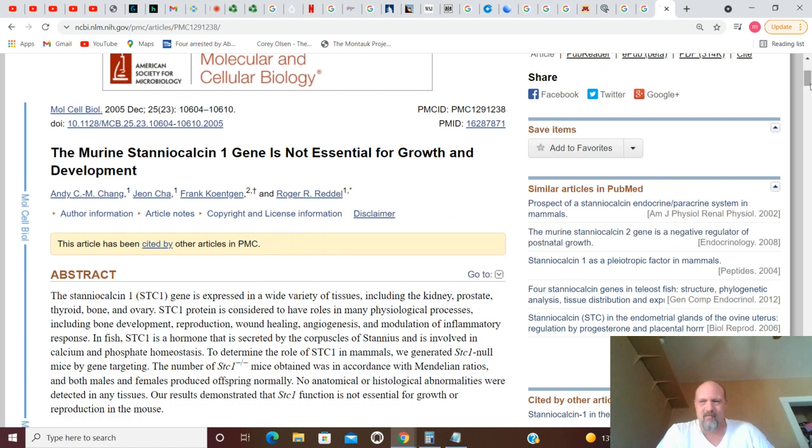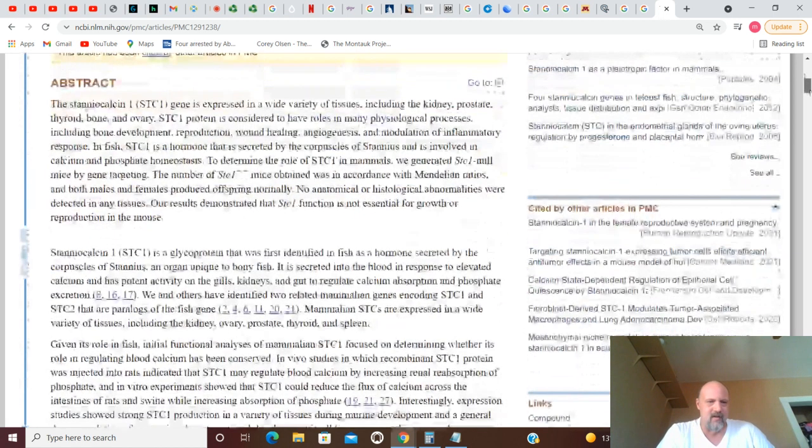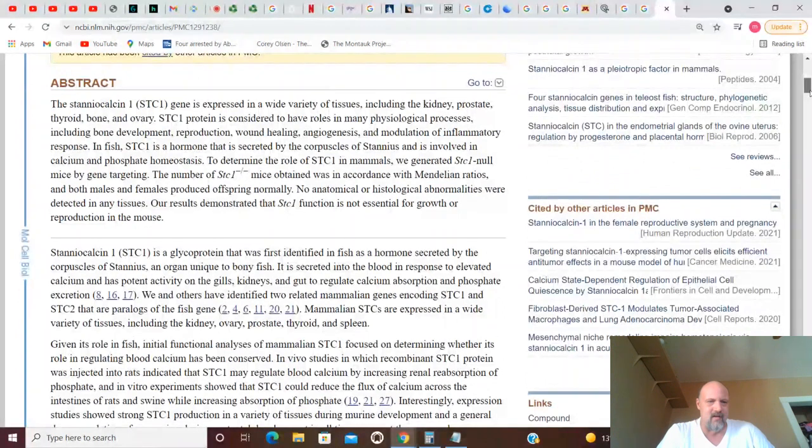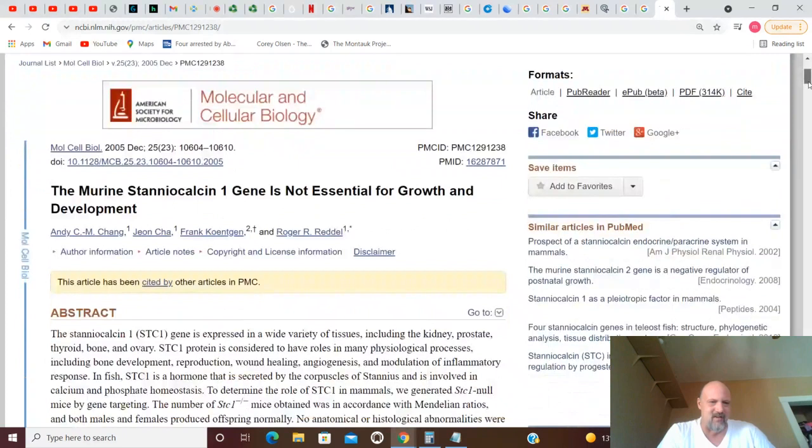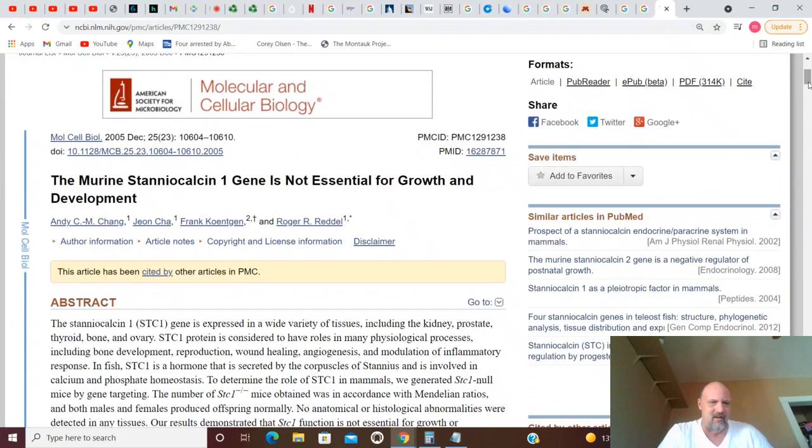And it's a glycoprotein that was first identified in fish as a hormone secreted by corpuscles of Stannius, an organ unique to the bony fish. So you're dealing with protein.